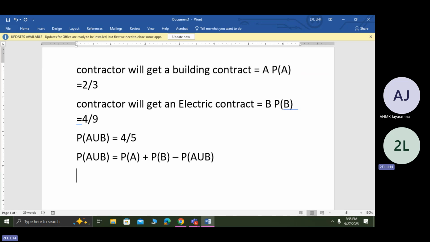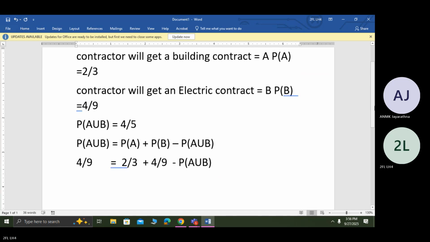Now you can substitute. The union is given as 4/5, equal to the probability of A, 2/3, plus the probability of B, 4/9, minus the intersection, which we do not know. It's clear? Then you have a simple equation.